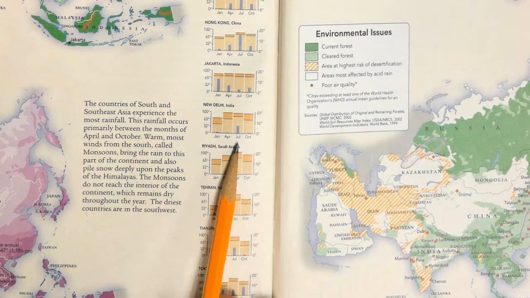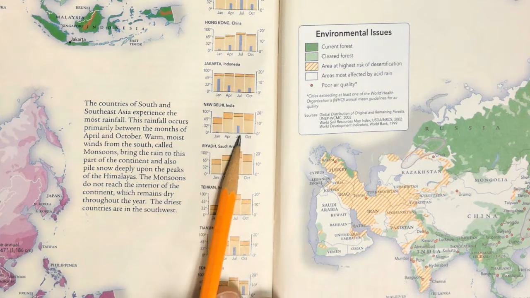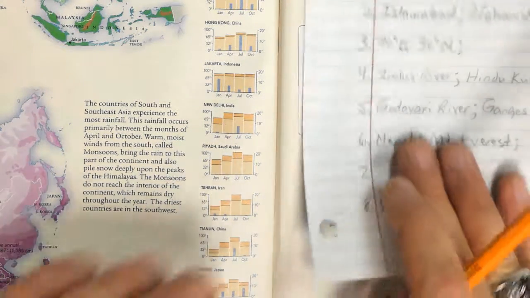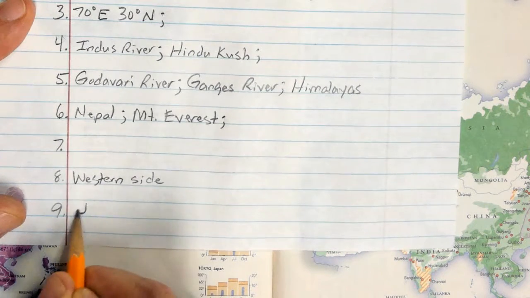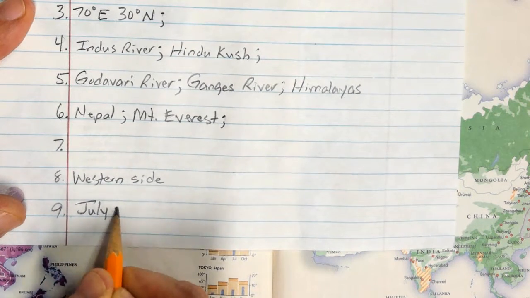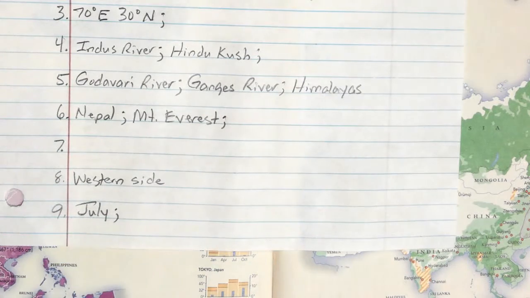Which month is the hottest and wettest? Well, the hottest and wettest month for New Delhi is going to be July. So we go back here to our sheet, number 9. We write July, semicolon.